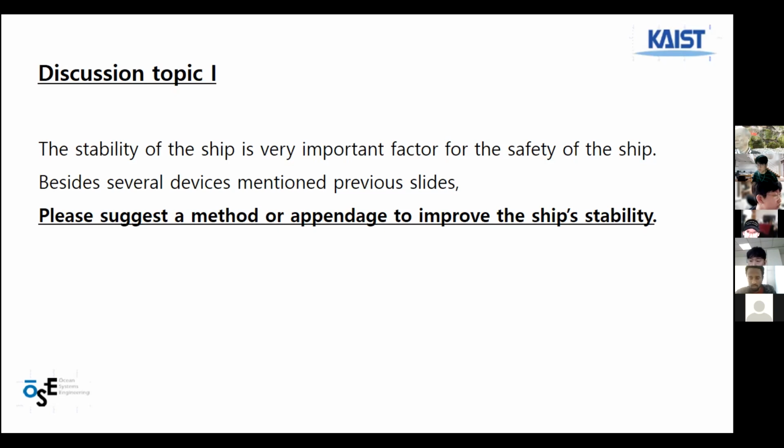So when the ship is about to roll this way, the airbag over here can inflate and help the ship to stabilize. I think that's an efficient and cost-effective way to prevent overturning.